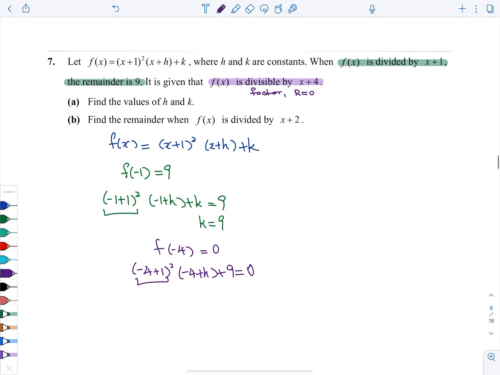Then -4 plus 1, -3 bracket, and then square it, you get 9. -4 plus h, open up the bracket, this and this, -36 plus 9h plus 9 equals 0. So 9h, and then 36 minus 9, you get 27 there. h is 3.